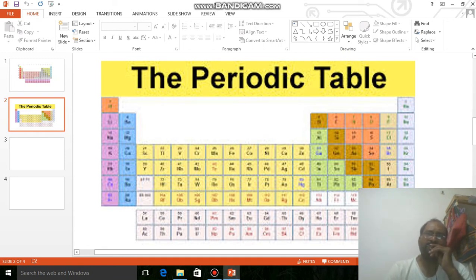Boron hydrides are compounds formed by the combination of boron and hydrogen. Compounds of boron and hydrogen are called boranes.